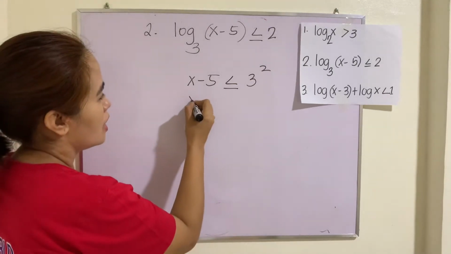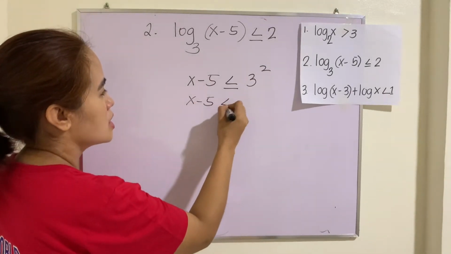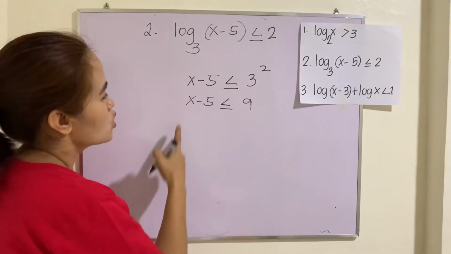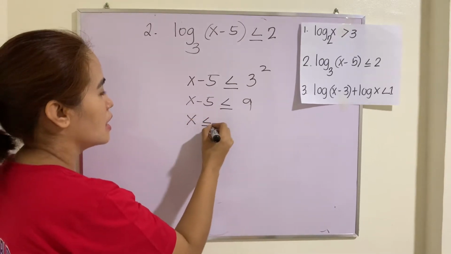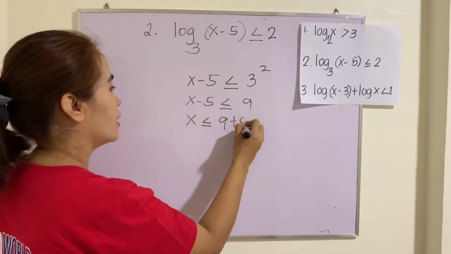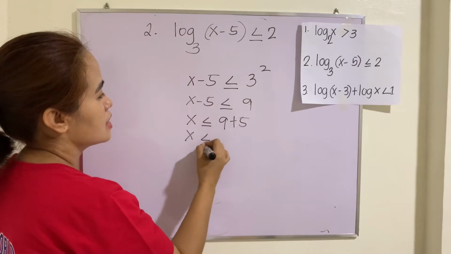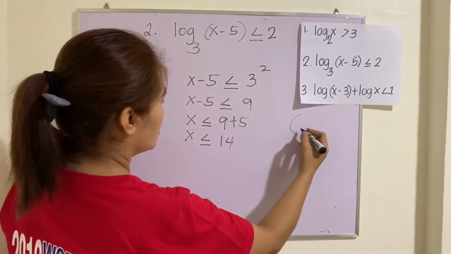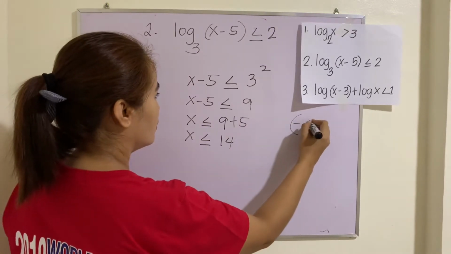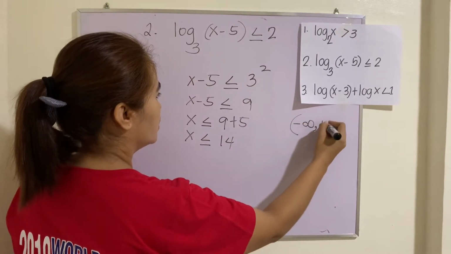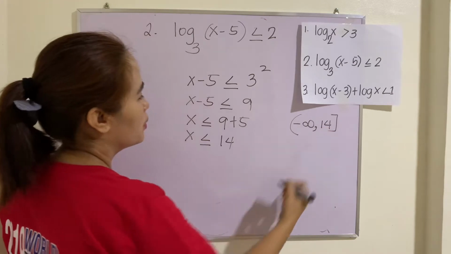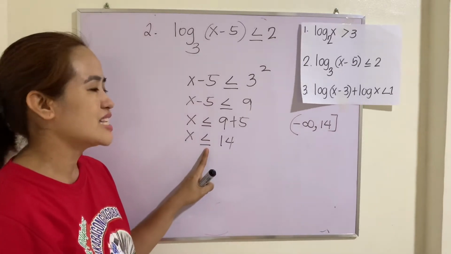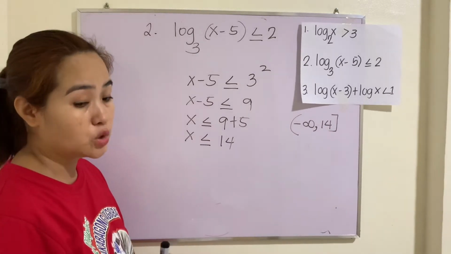So this is x minus 5 is less than or equal to 9. Solving for x, x is less than or equal to 9 plus 5. x is less than or equal to 14. So we have the solution set negative infinity to 14. We will be using a bracket here since this one is less than or equal to.